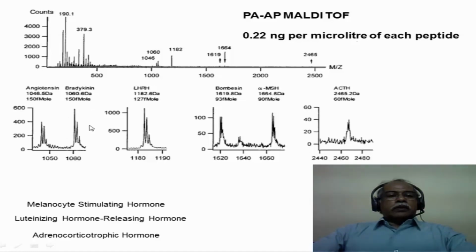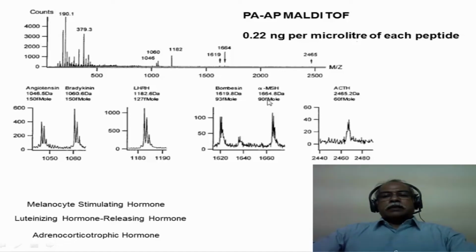The molecular weight 1046 is recorded here, and 1060 is recorded here for this particular compound, and this is luteinizing hormone releasing hormone. This is another hormone with a molecular weight of 1182, and about 127 femtomolar concentration is what is injected in the MALDI spectrometer to obtain this particular spectrum.